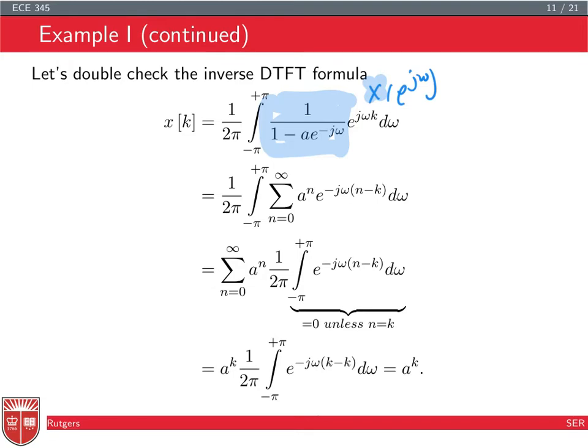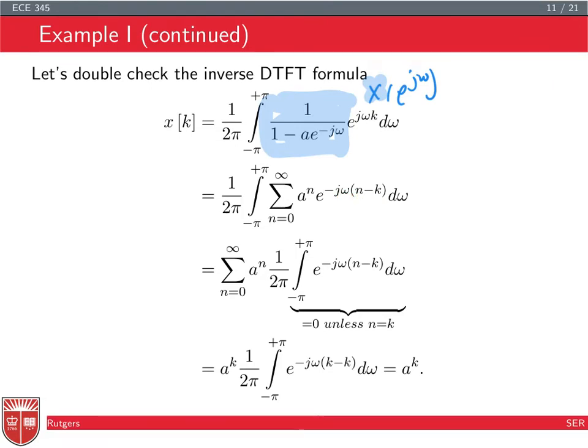one way to solve it would be to write this fraction here as a geometric sum. So what you would have is the sum from n equal to 0 to infinity of a^n e^{−jωn}. And then here you have e^{jωk}, so you would get e^{−jω(n−k)}.